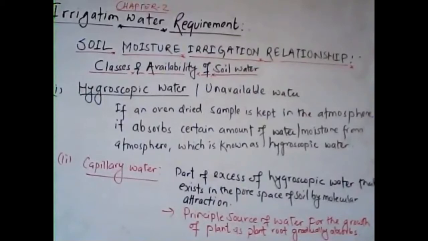So the soil sample absorbs moisture from the atmosphere, and this moisture is held together by molecular attraction, and this part of water is called capillary water. This water is the principal and major source of water for the growth of the plant, because the plant root has the tendency to gradually absorb this type of water.